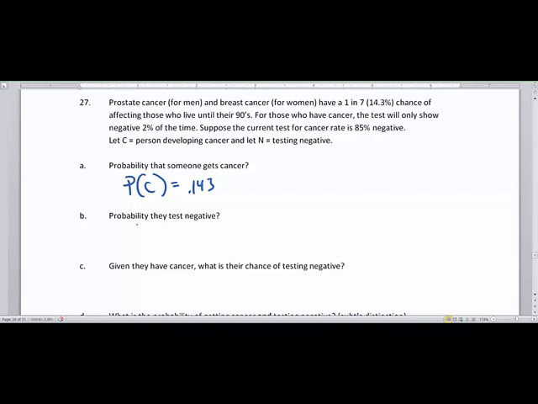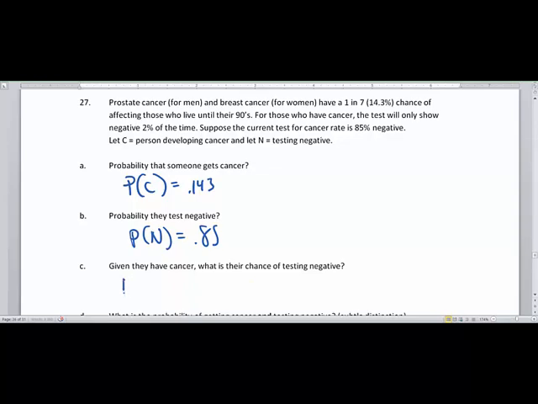Now it says, what is the probability that they test negative? Well, the probability of just testing negative is 85% or 0.85. Now, given they have cancer, what is the chance of testing negative?